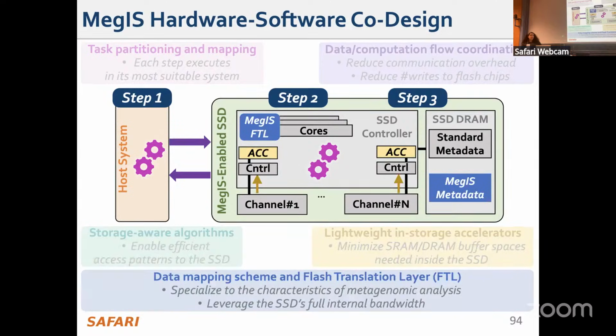And finally, the last one is a data mapping scheme and flash translation layer that is specialized to the characteristics of metagenomics analysis, such that we can leverage the SSD's full internal bandwidth. So we can actually handle how the data is laid out inside the SSD based on how we know it will be accessed in this class of applications, so that we can have more efficient access patterns and leverage the available bandwidth that we have.